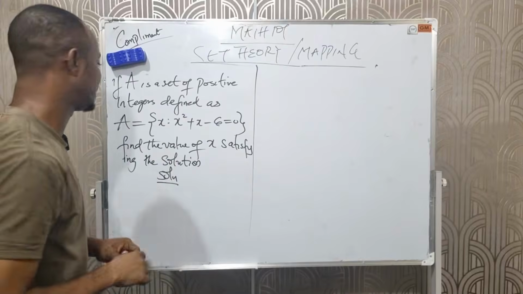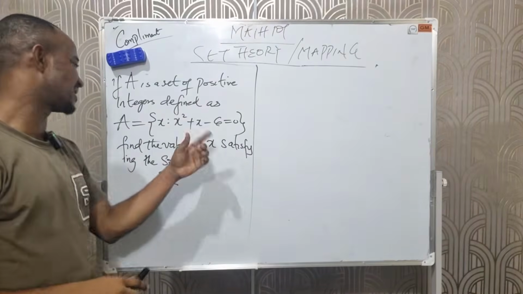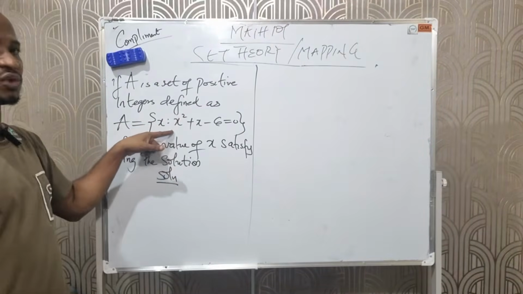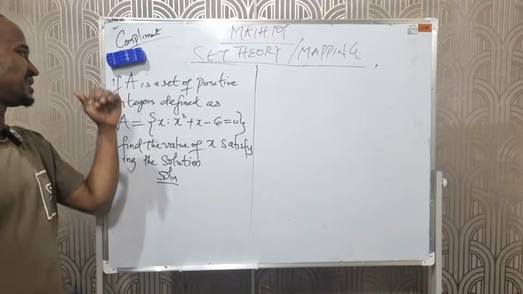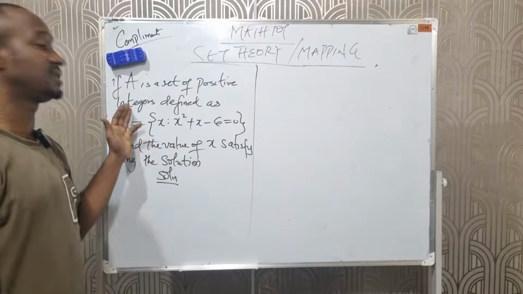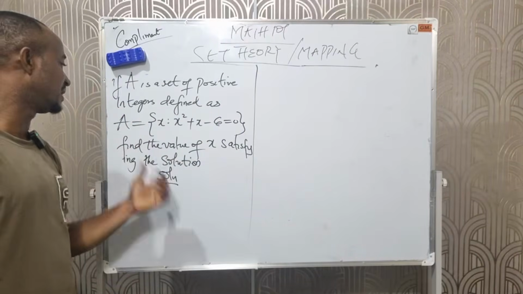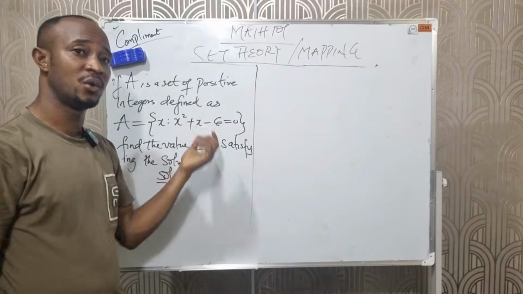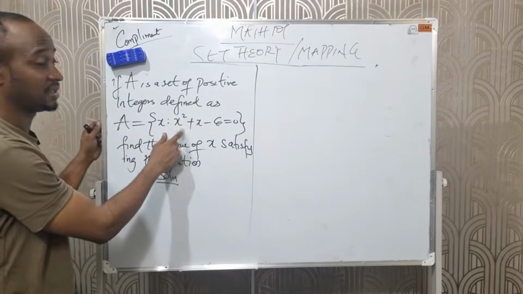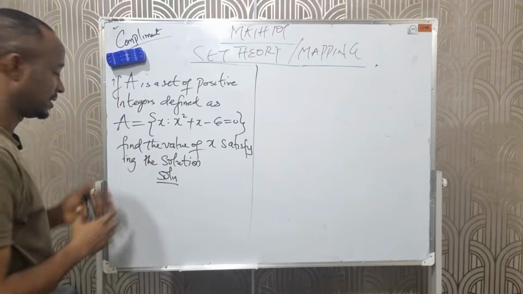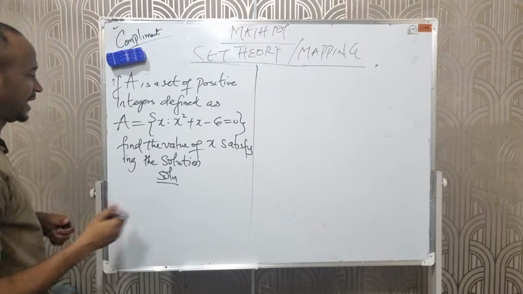But don't forget that they said find the value of x that must satisfy this solution. And we are told that A is a set of positive integers. So at the end of the day, after factorizing this, we'll look out for all the positive integers found in this expression. Let's see what we want to achieve at the end of the day.